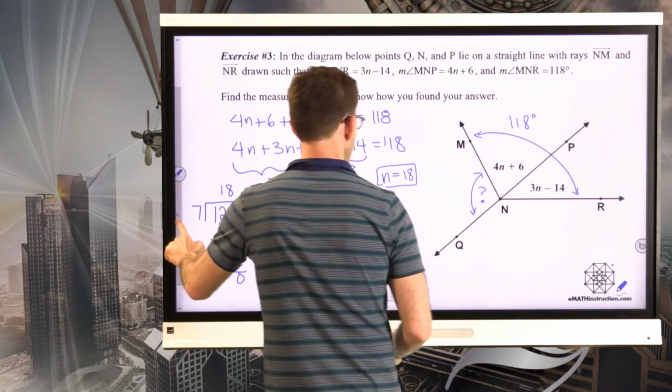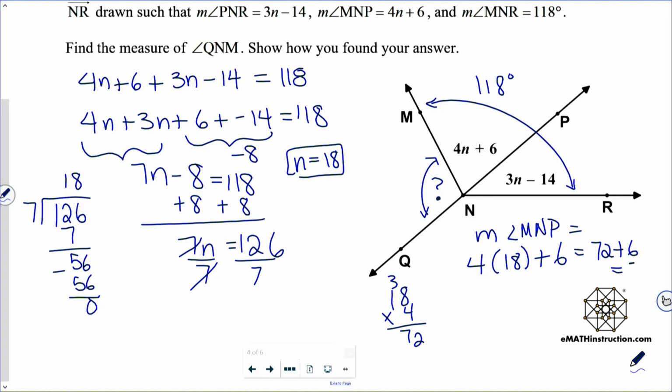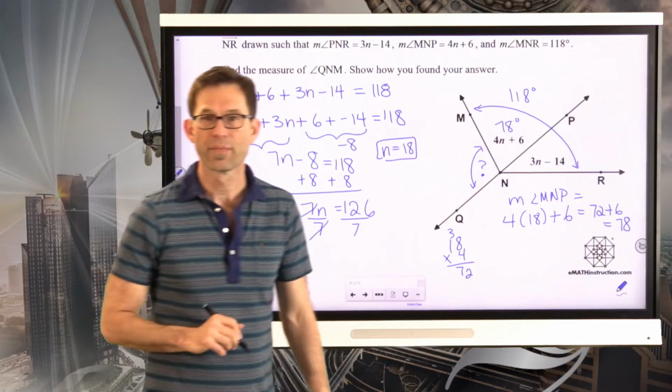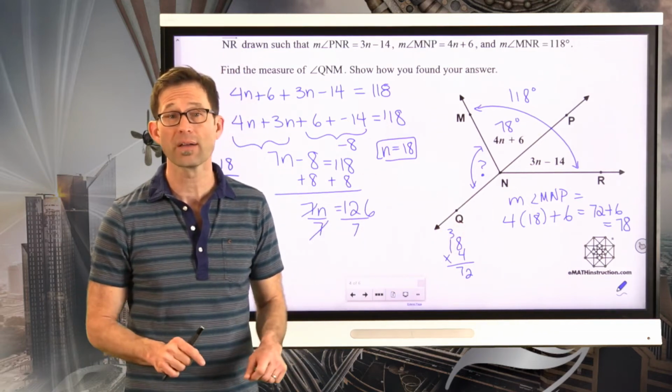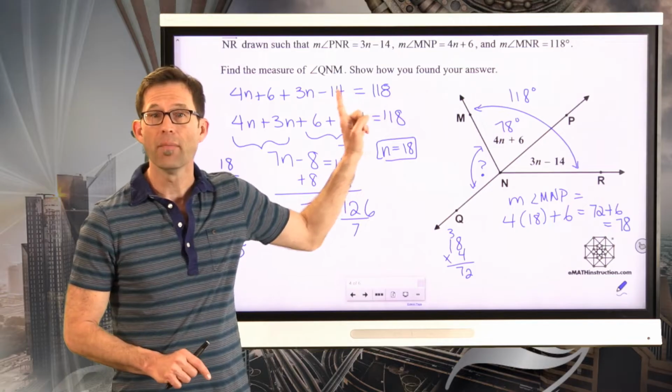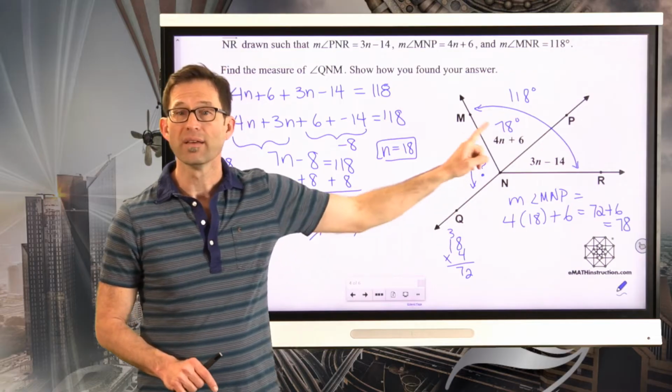So let's do that maybe right down here. The measure of angle MNP is going to be 4 times 18 plus 6. Maybe over here I've got to do 4 times 18, 72. So that's going to be 72 plus 6, 78. So this is 78 degrees. So now the angle I actually am looking for, the only thing the problem actually asked me for, QNM, I can find by doing 180 minus 78.